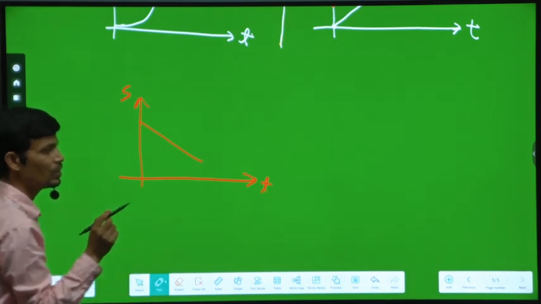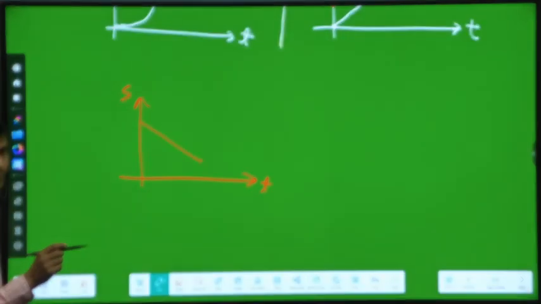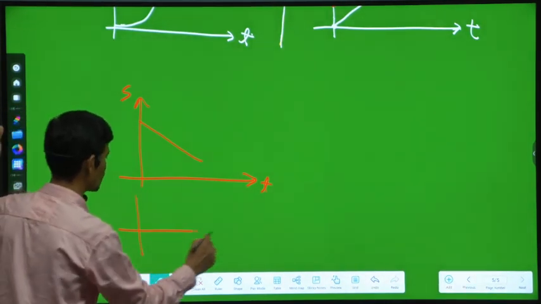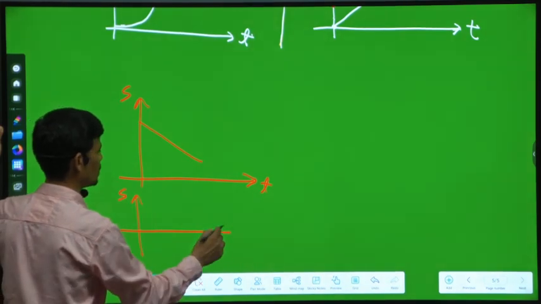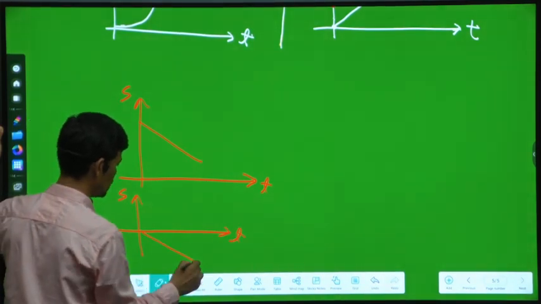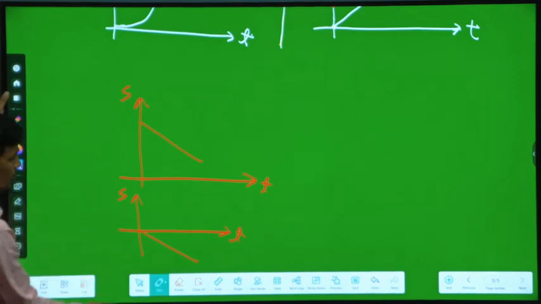Distance can only increase. If a graph is like this, it is also not possible, because distance can never be negative.